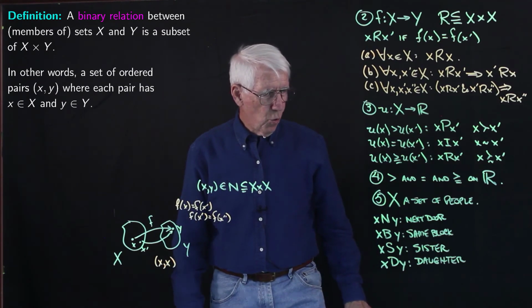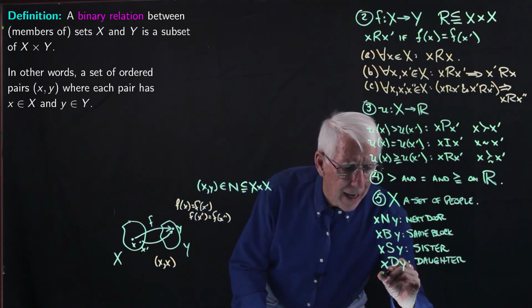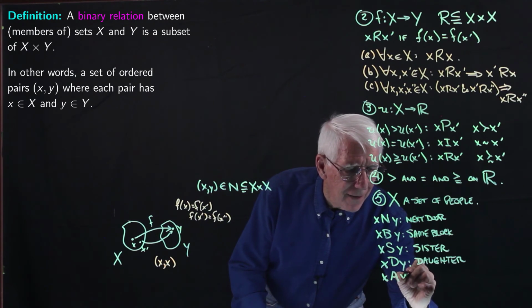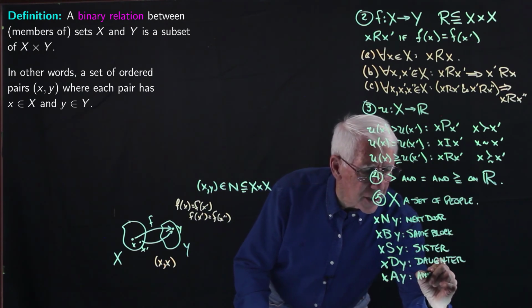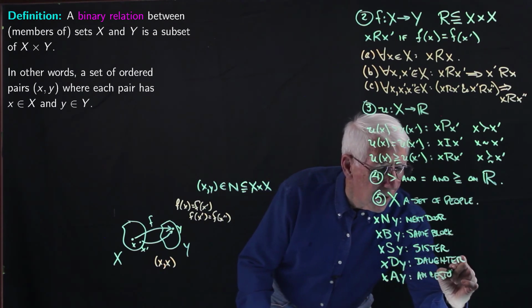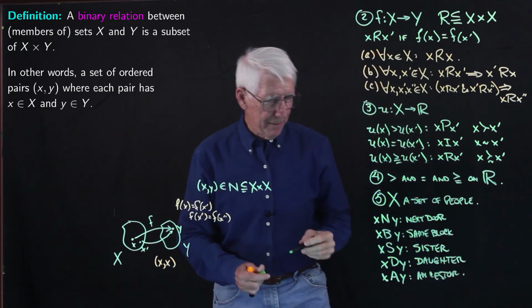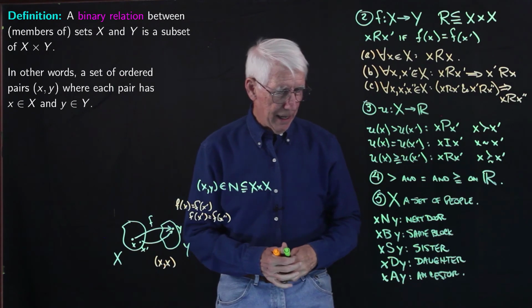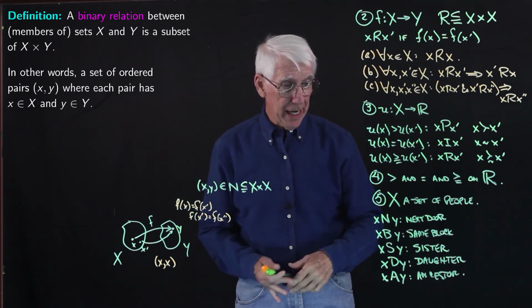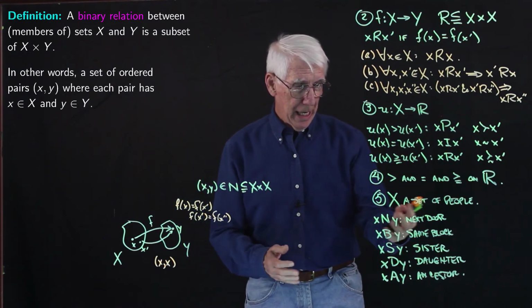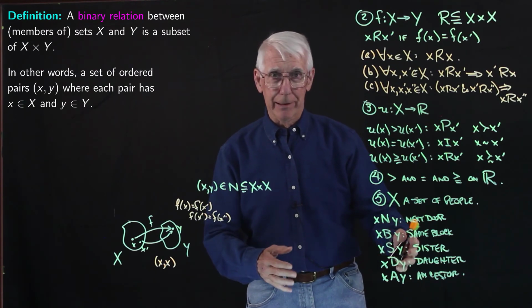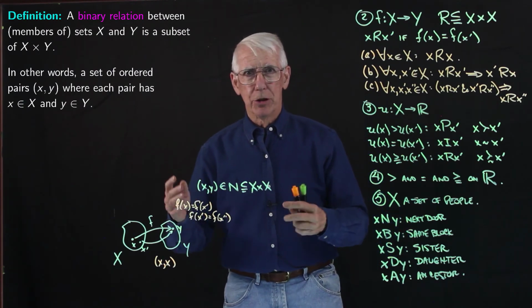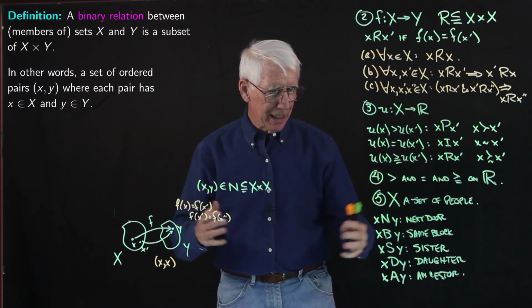And let's do one more. Let's say the relation A, X is an ancestor of Y. So this is not going to be part of a cognitive test where you have to remember next door, same block, sister, daughter, ancestor.